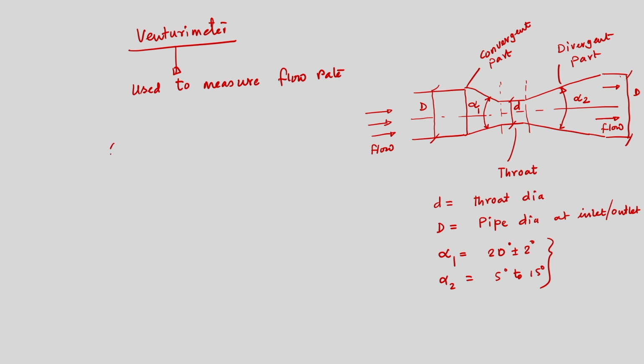So, conservation of mass, that is m dot, which I can write as the integral of rho v dA, that is rho into u into A, is equal to constant.